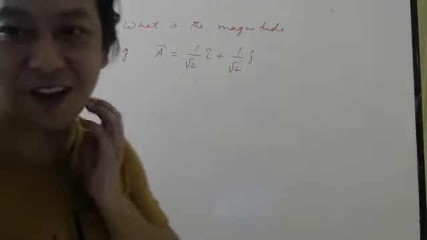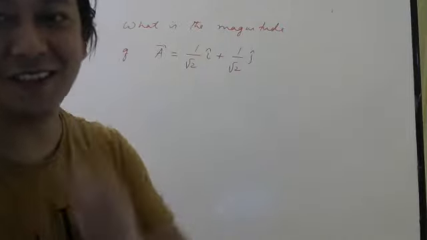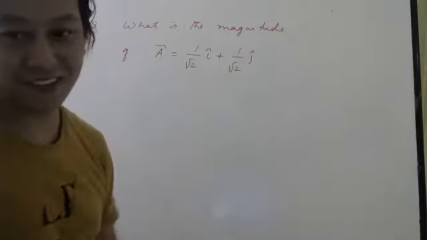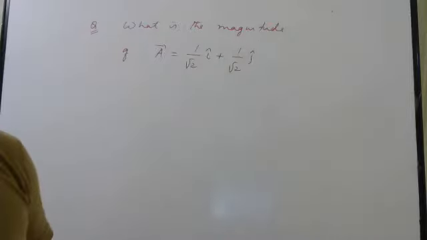Already you know how to find magnitude, but the interesting thing is this vector. This is your x component, this is your ax, and this is your ay.